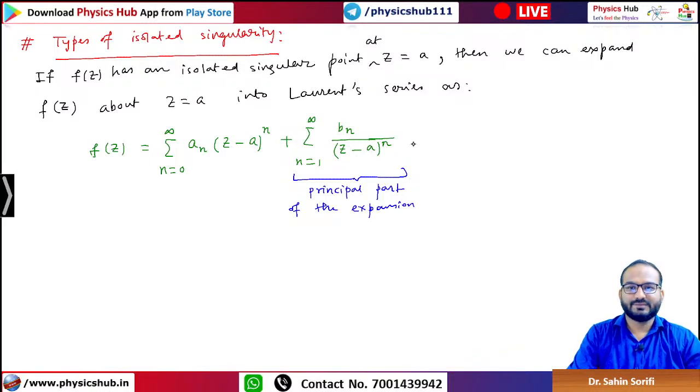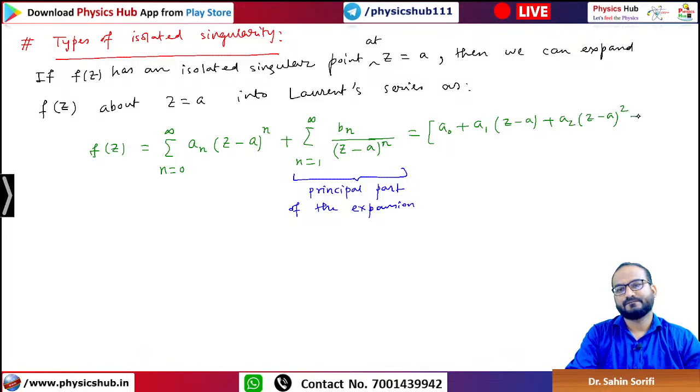And this one you can further expand the way you did: a0, a1, a2 and so on, plus b1 by z minus a, b2 by (z minus a) squared, b3 by (z minus a) cubed, and so on.